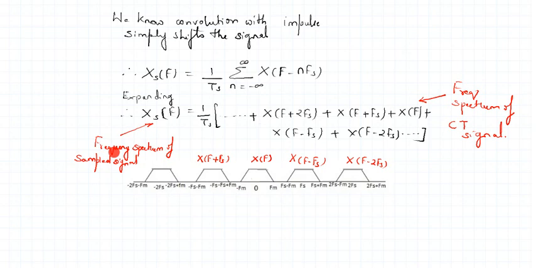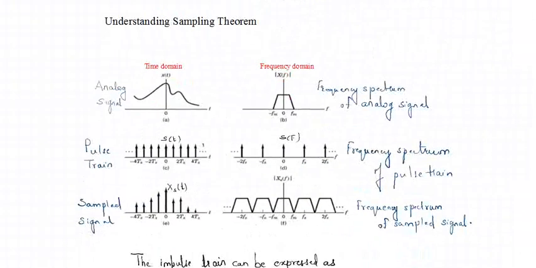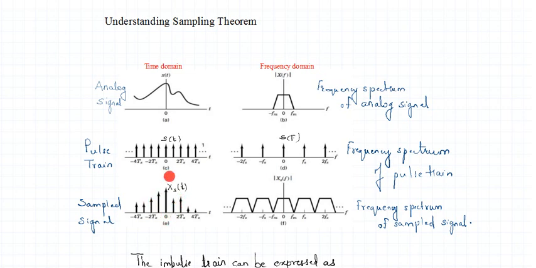So let me go back to the previous figure and correlate the discussion with this figure. By this analysis, friends, we have obtained the frequency spectrum of the sampled signal. We were interested in knowing what frequency components are present in the sampled signal. If this is my original CT signal, which I have sampled by multiplying it with the train of impulses, I have got the sampled output.